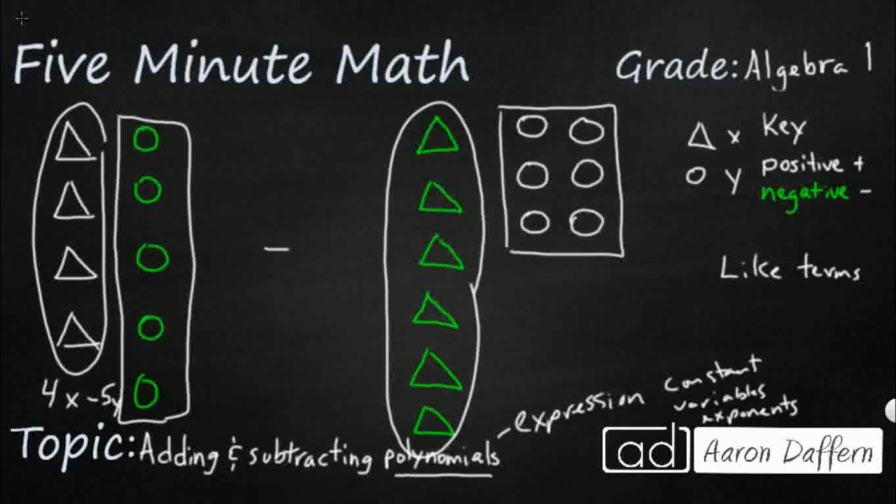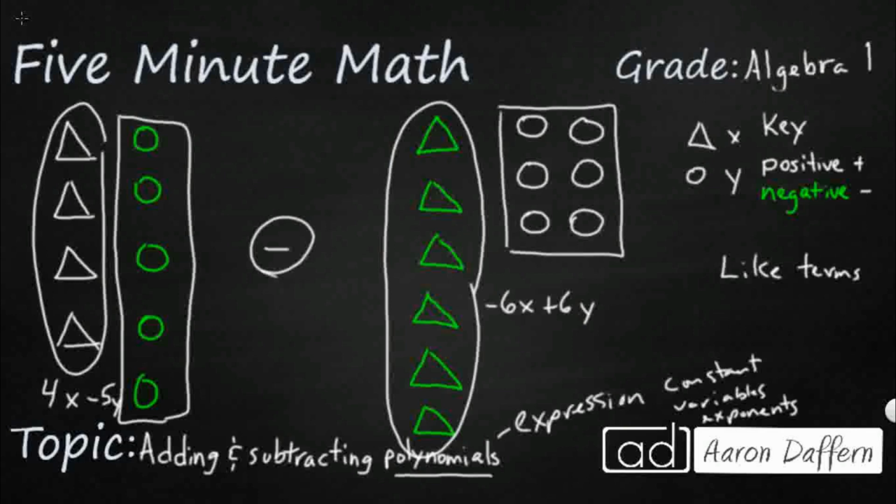So I'm going to say minus 6x. And then I've got a plus 6y. So that's what we have if we were to put some variables in place of these shapes. And you notice that it's all being connected by this minus.